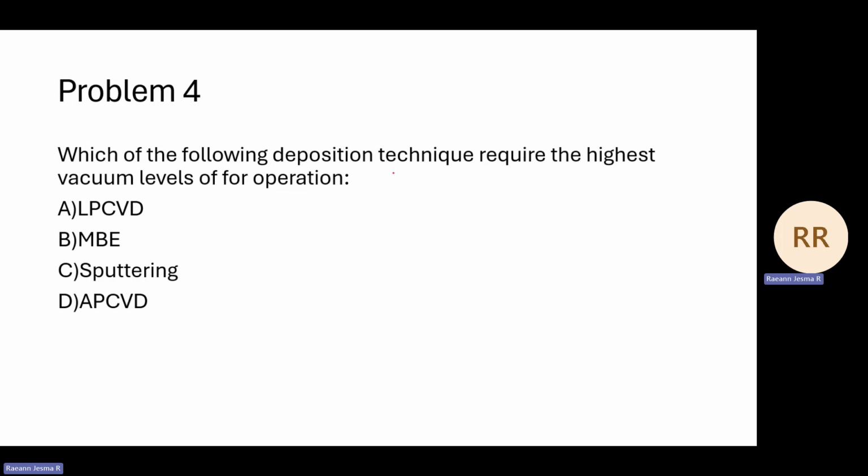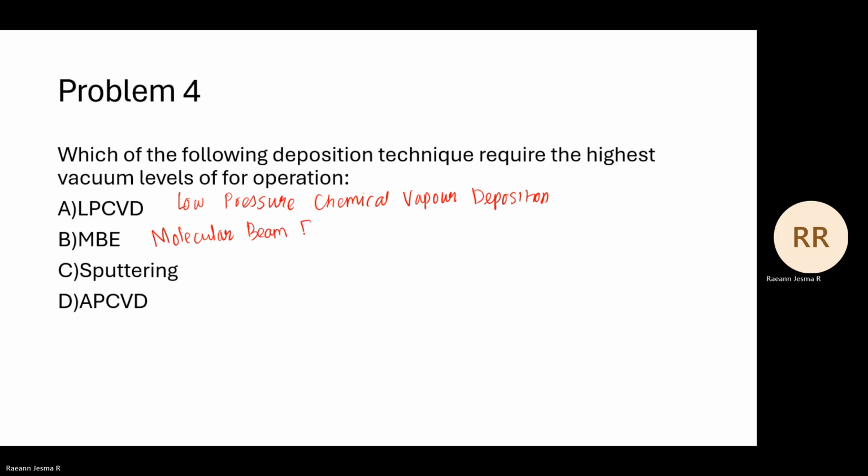Okay, so the next one is problem 4. Which of the following deposition techniques requires the highest vacuum levels for operation? One is LPCVD, which is low pressure chemical vapor deposition. MBE is molecular beam epitaxy. APCVD is atmospheric pressure chemical vapor deposition.